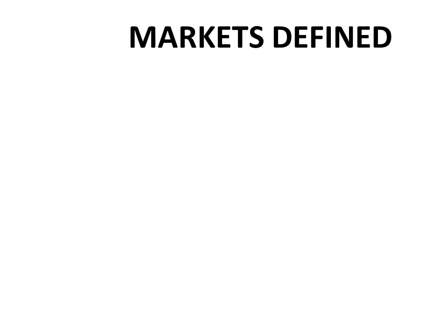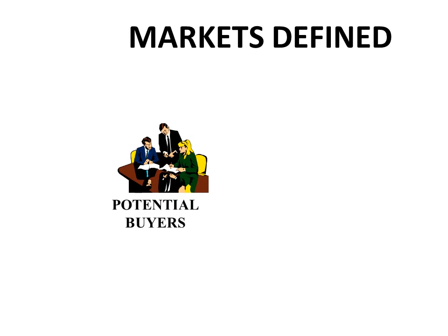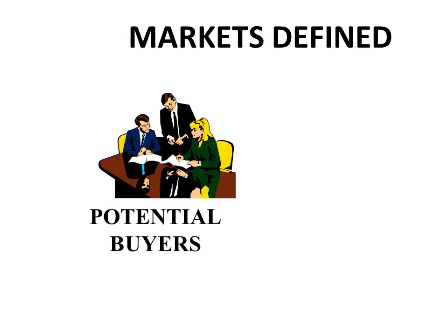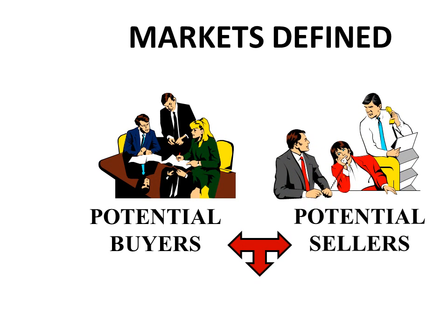Okay, what is a market? Let's define a market. Well, like we said on the previous slide, we have potential buyers. A market is made up of both potential buyers and potential sellers.